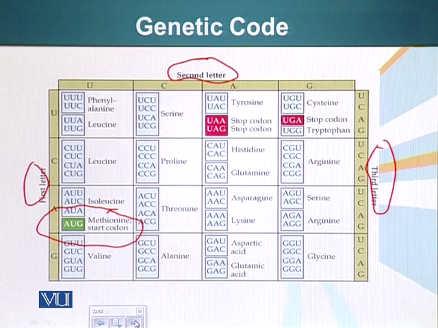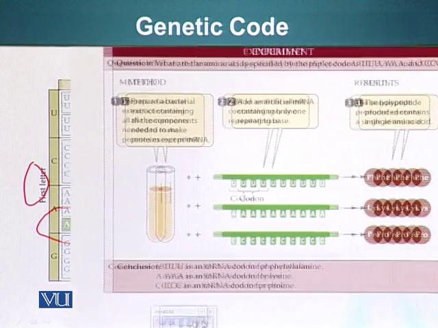This is a codon which tells where to start making the protein from on a messenger RNA. We'll talk more about that. There are also 3 stop codons. Whenever these 3 stop codons appear in messenger RNA, they tell the ribosomes to stop making protein when they hit the stop codon.